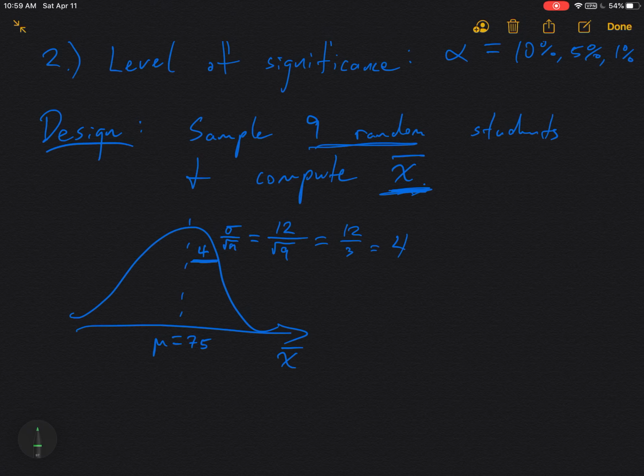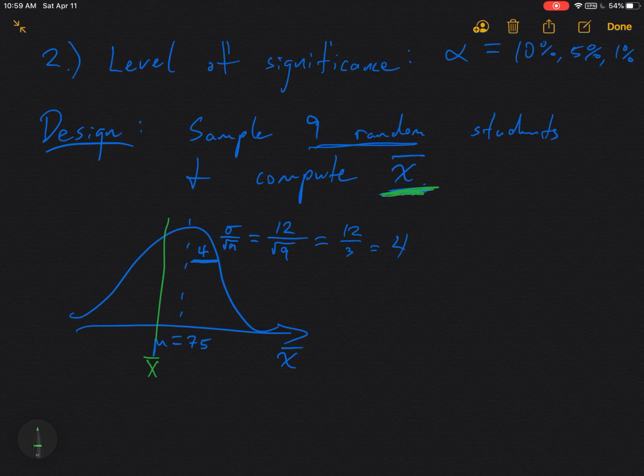And now let's say that we go out and we sample these 9 people and we compute X bar. So I'm going to draw X bar in green. There are a few different results that we might get. So I could go out and sample these 9 people, and maybe we come back with an average that lives over here. It's pretty close to mu.